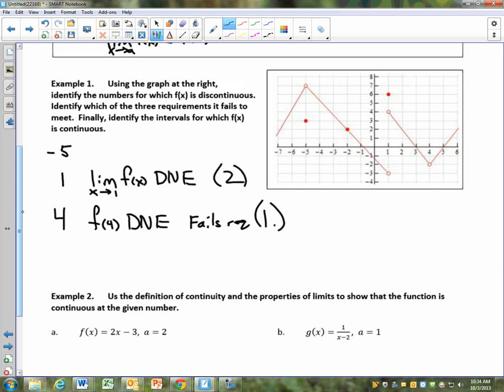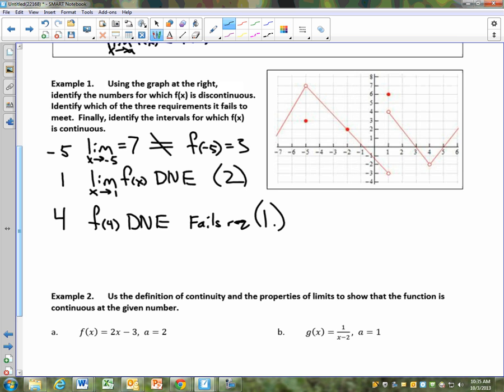No. So you would say the limit as x approaches -5 is equal to 7. And the other part we would say is f of a, or f of -5, is equal to 3. And those are not the same.